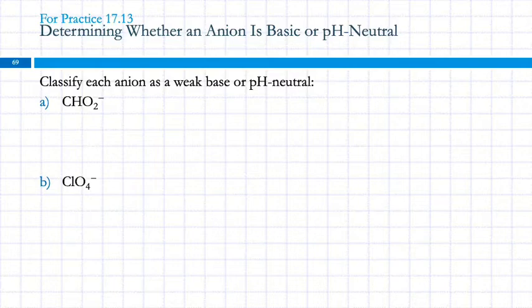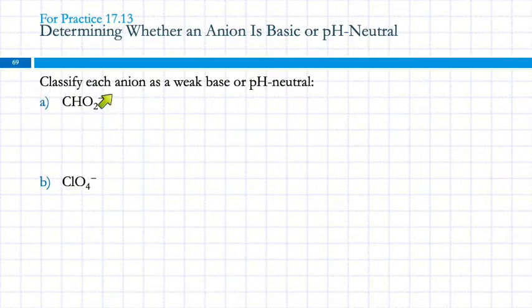So classify each anion as a weak base or pH neutral. They have to be anions, because in order to act as a weak base in this context, it has to take a hydrogen ion. And that's how we got the conjugate base, by losing a hydrogen ion.